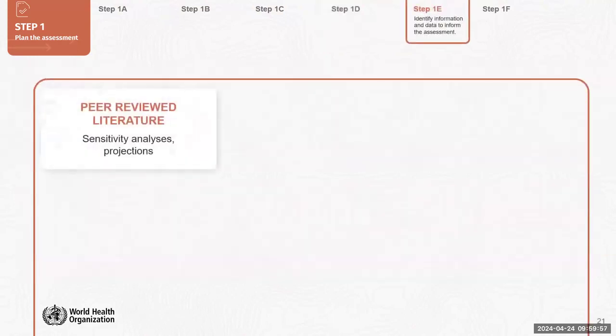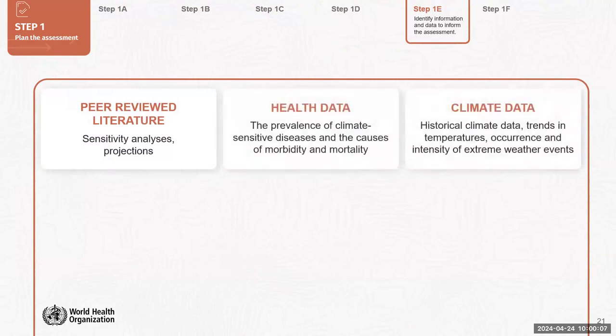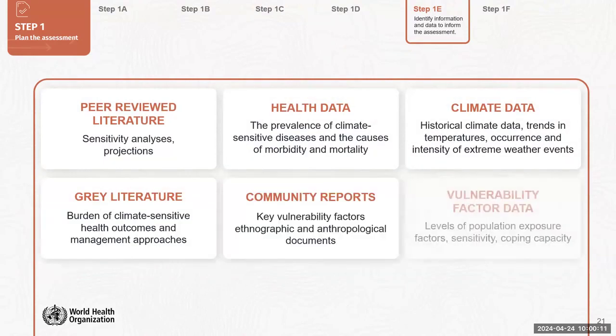So what we need to do is also identify all the information and data sources that are relevant to the work we want to do. Of course, people go immediately into peer review literature, so what has been published in journals. But we also have a very rich set of information in gray literature.